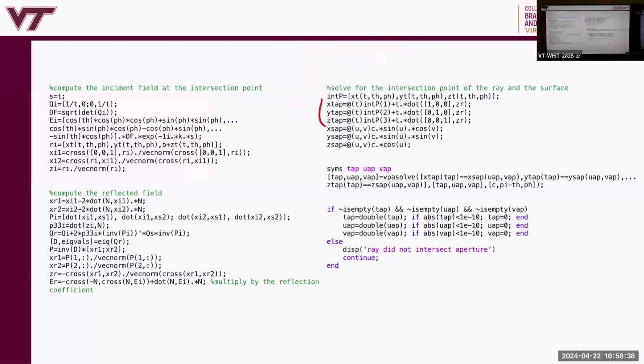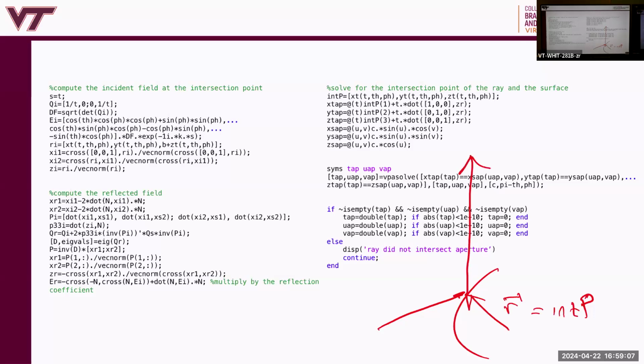And then we parameterize the ray as X ray aperture. That's what AP means. So you have the initial point as the X coordinate. Then we have T times the dot of Z hat with X, or X with the Z reflect. Okay, so let me show you. So here's a sphere. Here's a position vector R. We call this one the intersection point in the code. And then we have this point. We want to go to this point now. So the parameterization of a point on this ray, RAP, for example, is R plus T times a tangent vector here.